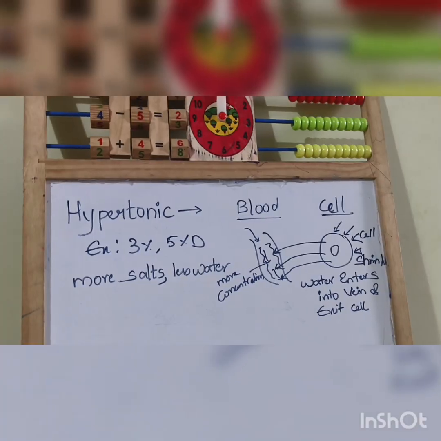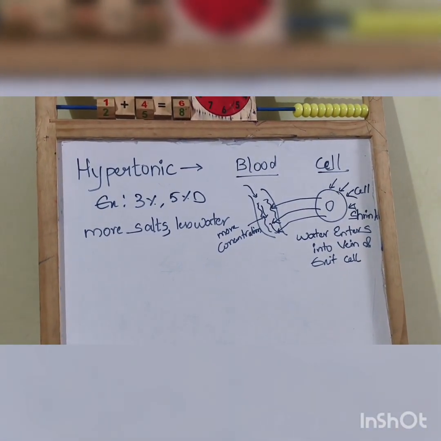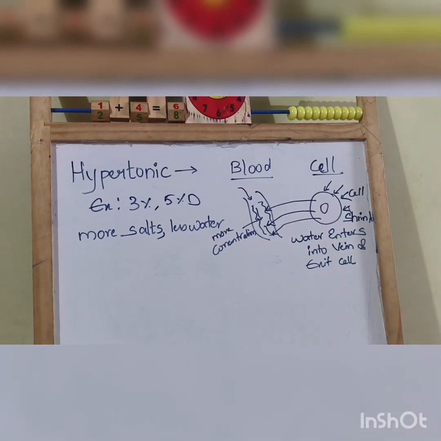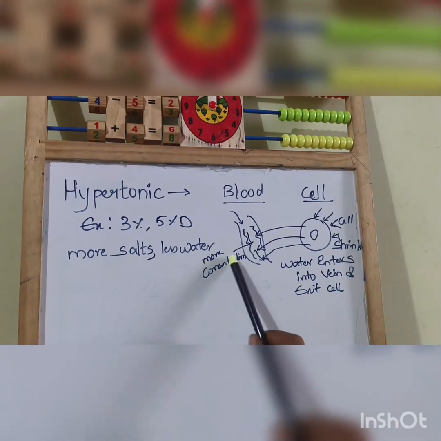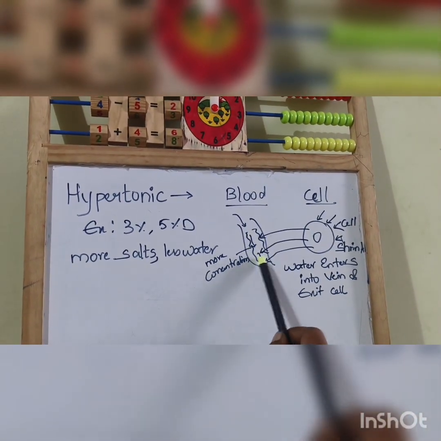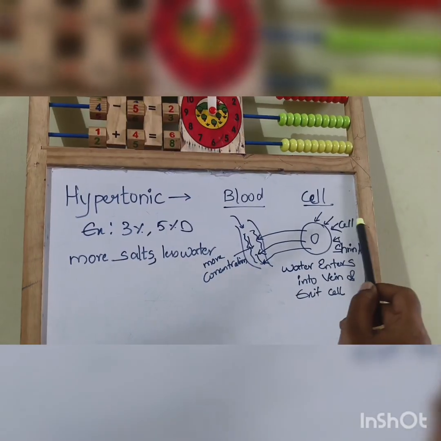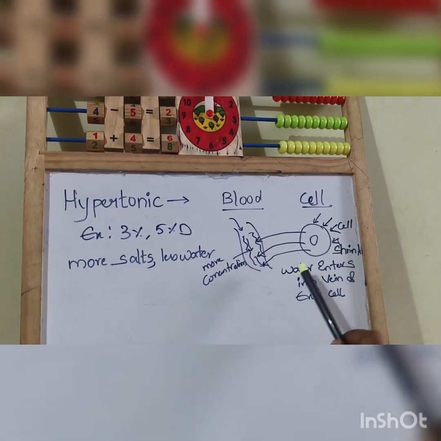This is regarding hypertonic. Hyper means more, more active. With more concentration outside the cell, water enters the vein and the cell becomes small, it shrinks.